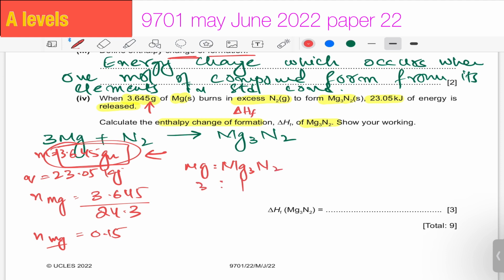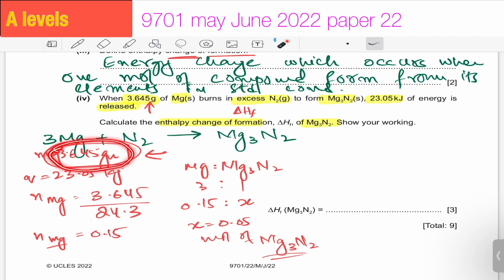That means from 0.15 moles of magnesium, we get 0.15 divided by 3, and that would be equal to 0.05 moles of magnesium nitride.